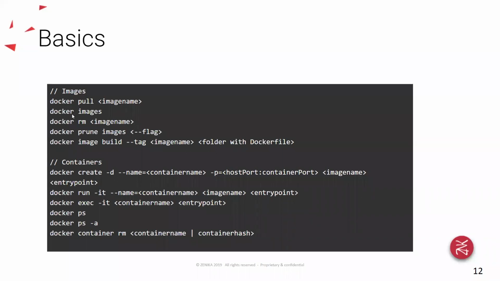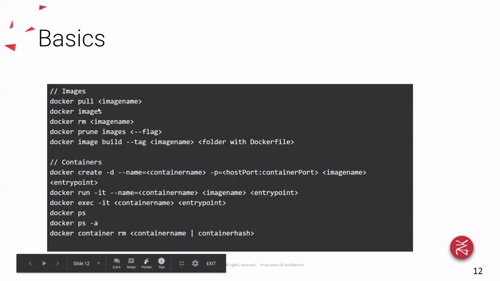Whenever we're doing a git clone, we clone a repository from GitHub or GitLab or Bitbucket into our computer. When we're doing docker pull and passing in the image name, it pulls the image from the repository into our computer. When we run docker images, we can see a list of images that is on our computer.